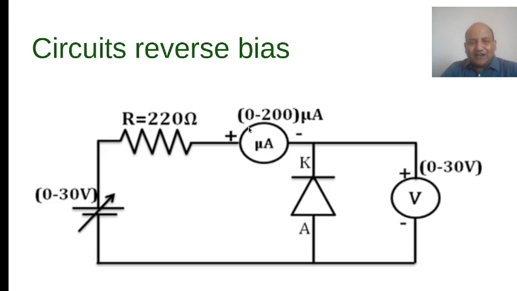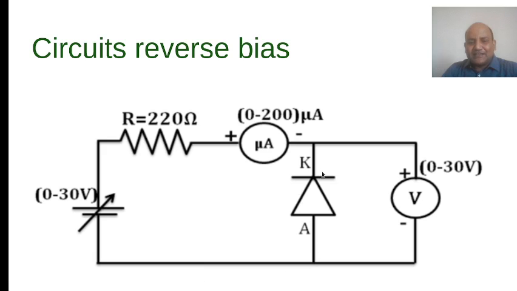The rating of the ammeter is changed, it is now in the microammeter range, and the voltmeter reading is the same. Another change is that the positive terminal of the battery is connected with the cathode of the diode, and the negative terminal of the battery is connected to the anode.